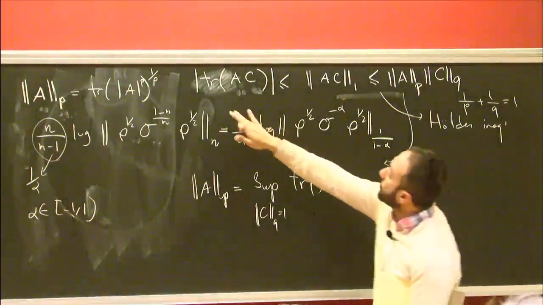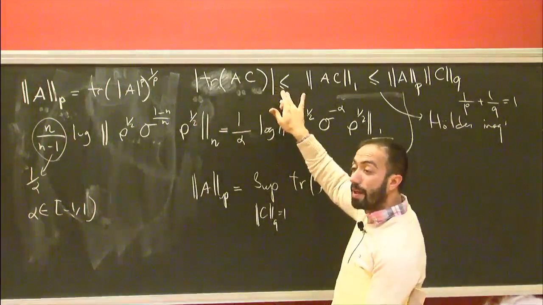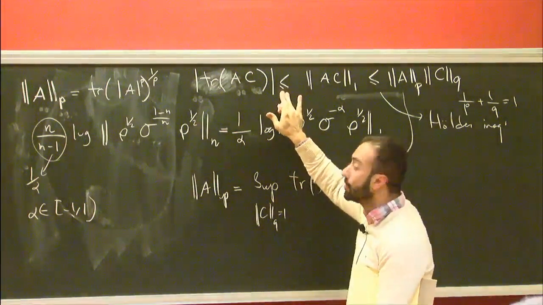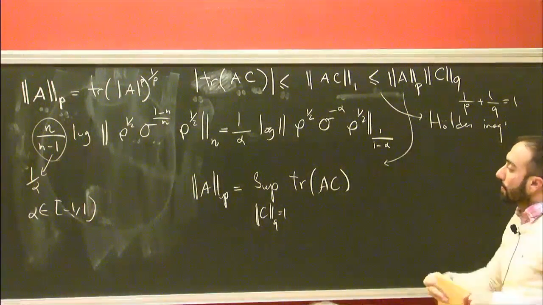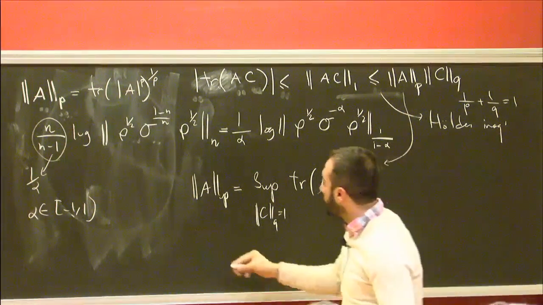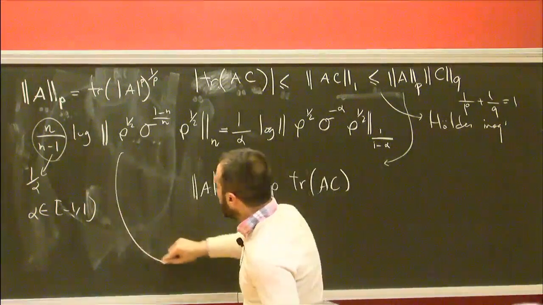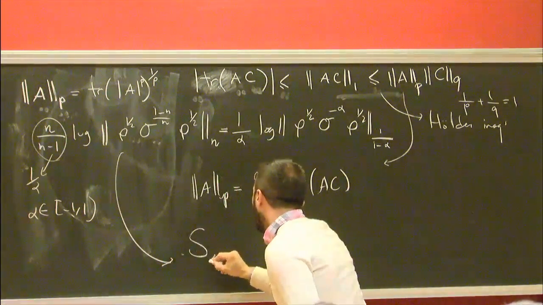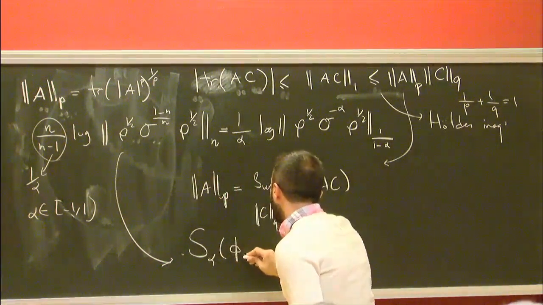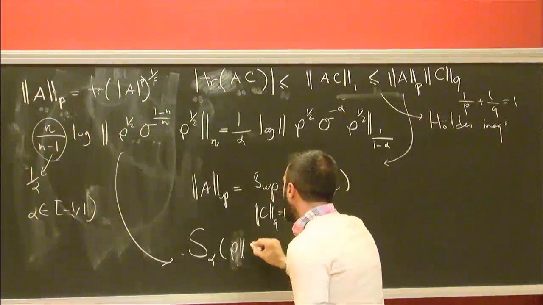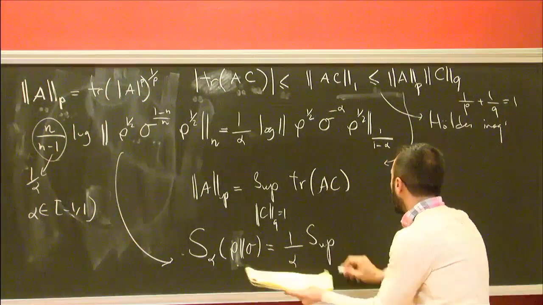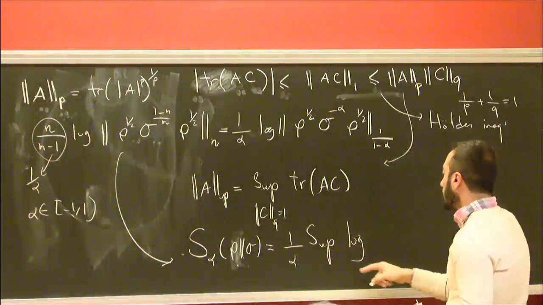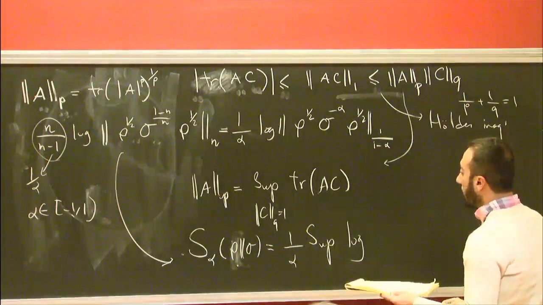If you take a supremum over here, this equality is the saturation of this, and the saturation is also achieved. So after the dust settles, you end up with the following object. It's just a redefinition of what we started with. This becomes 1 over alpha supremum of log.